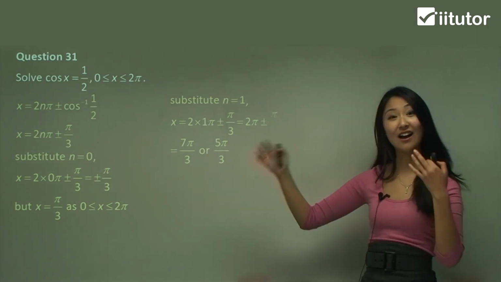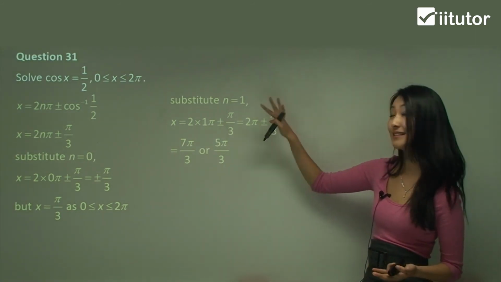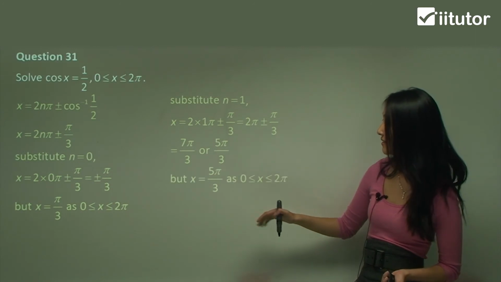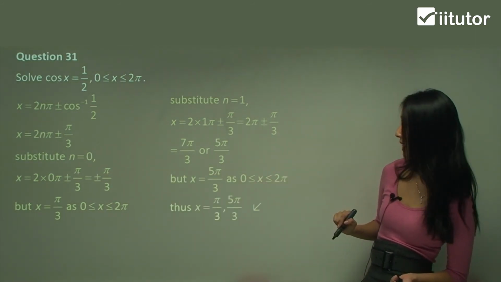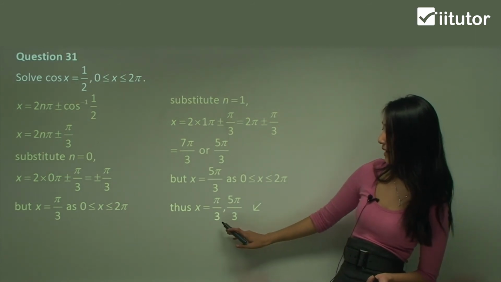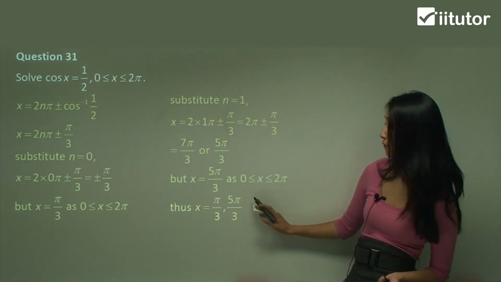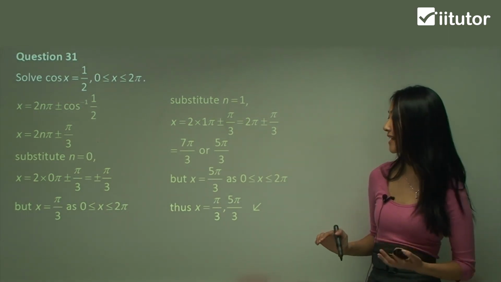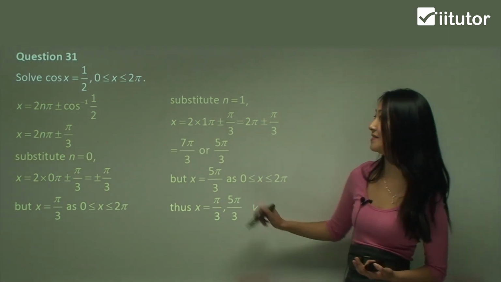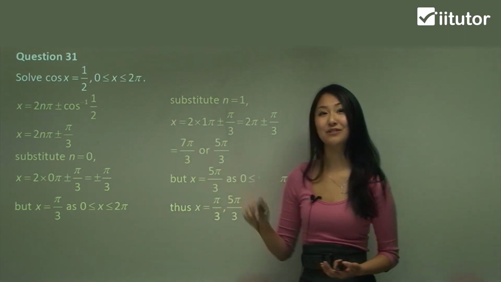So on either side it doesn't work. These are the only numbers that work. Therefore, because we use this between that domain, x must equal pi on 3 or 5 pi on 3 specifically for that domain. So you can see here we can also work out the values just by using our general solution there.